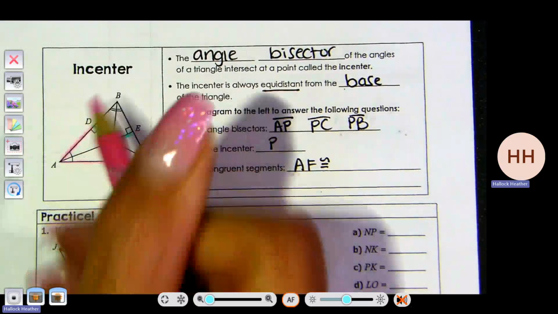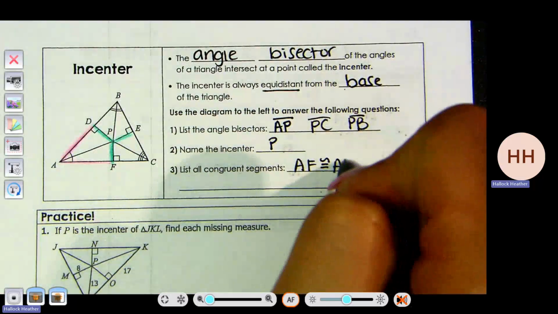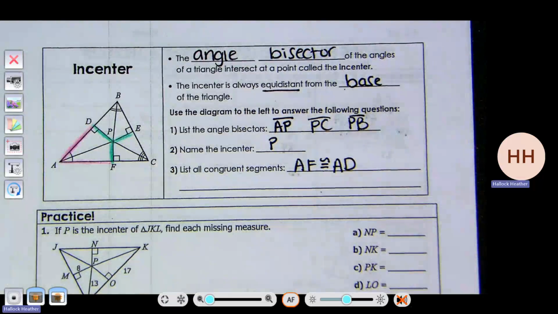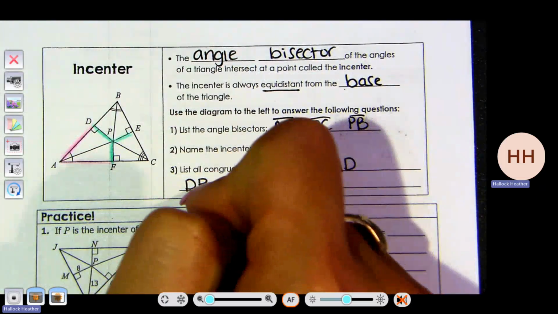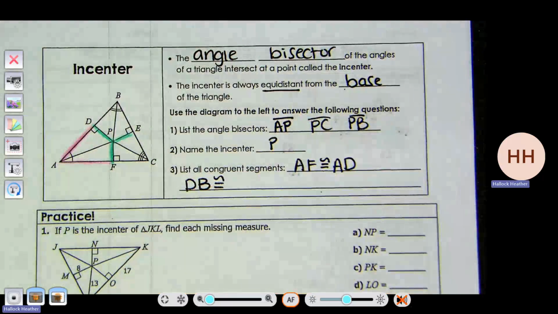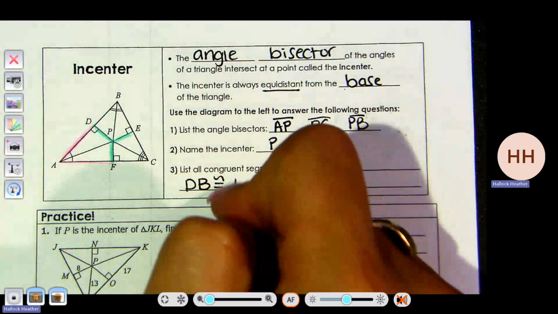So now this is what you were trying to do yesterday, match those sides. A to D. So pick a color. Same thing, I'm going to go to a different angle bisector. If I say DB is congruent to something, what is D to B congruent to? B to E.